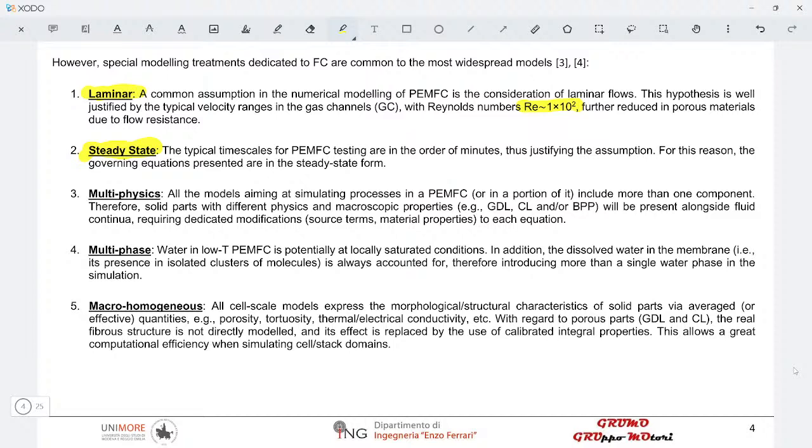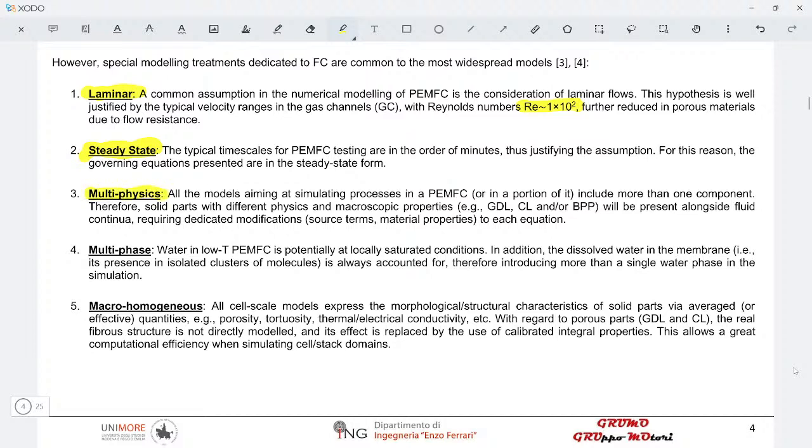And apart from these specific issues, I have to say that the majority of three-dimensional CFD models use these steady state equations. So the scope of this lesson is to introduce you to the most common and widespread numerical treatment of fuel cells using CFD. Okay.